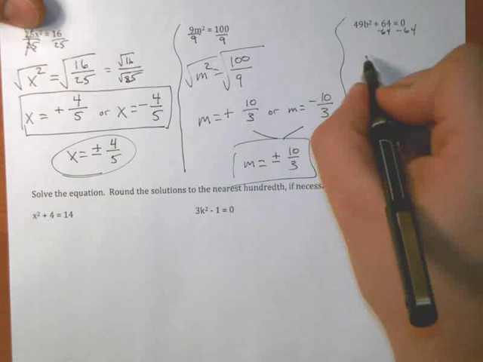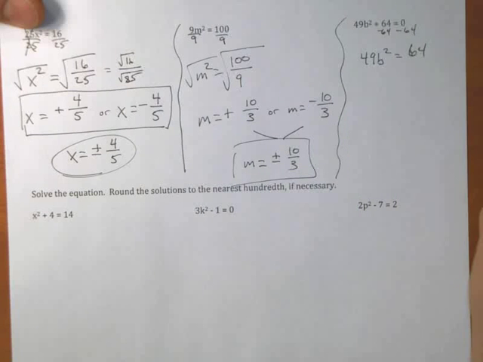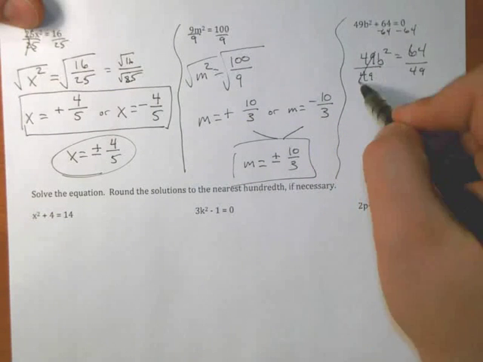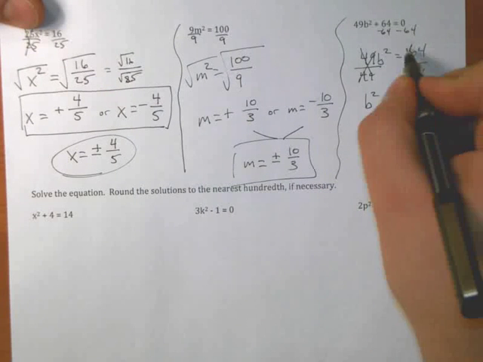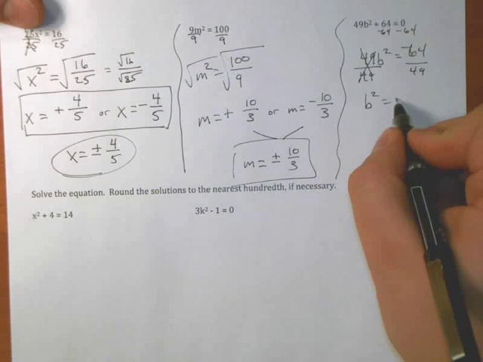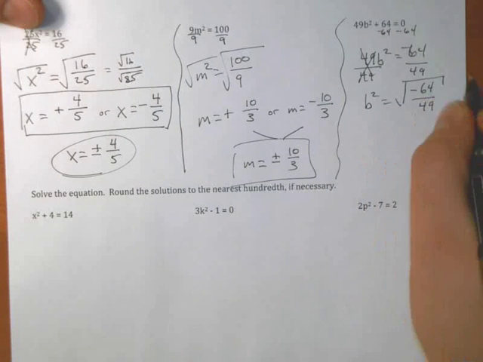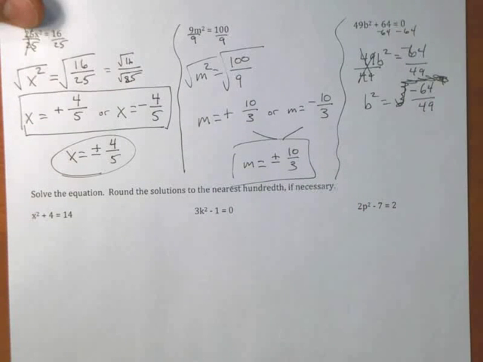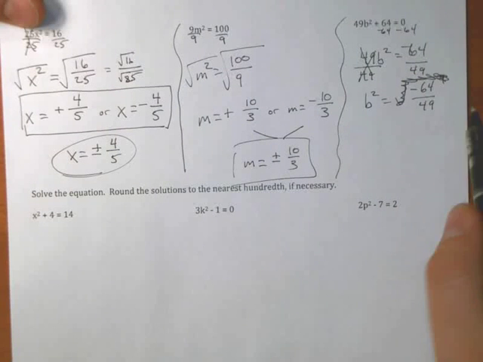One more time for good measure, I subtract 64. 49b squared equals minus 64. Divide by 49. B squared equals minus 64 over 49. Square root of minus 64 over 49? No, I'm getting ahead of myself.